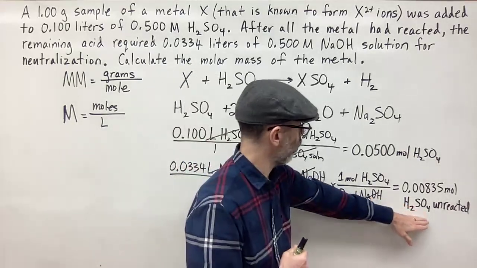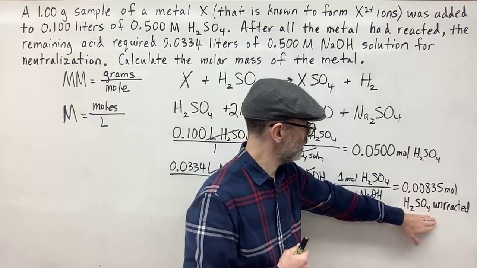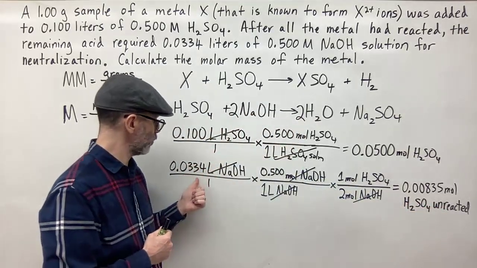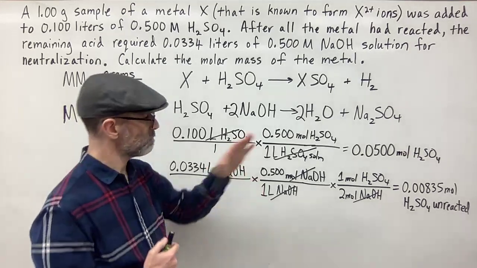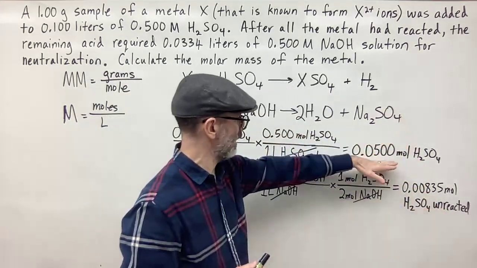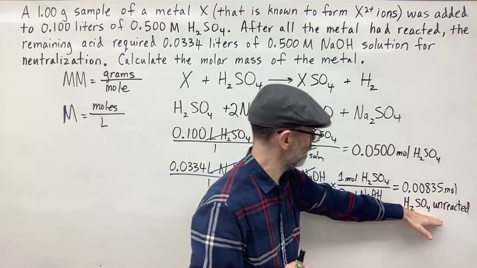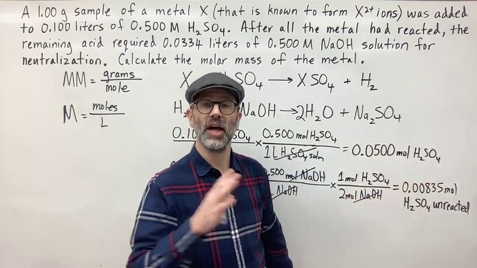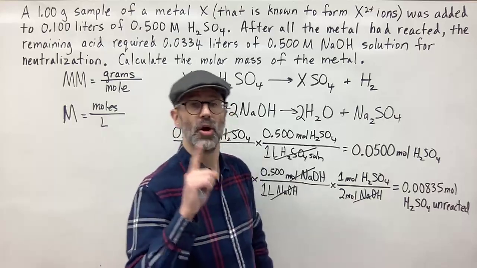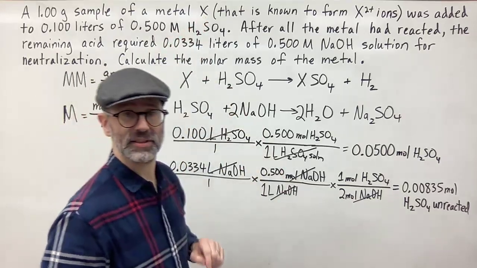This is the number of moles that was left over, because this is what got neutralized by the NaOH. So if this is left over, and this is the total amount that we started with, if I subtract this from this, we'll get the number of moles of the H2SO4 that reacted with the original metal X.